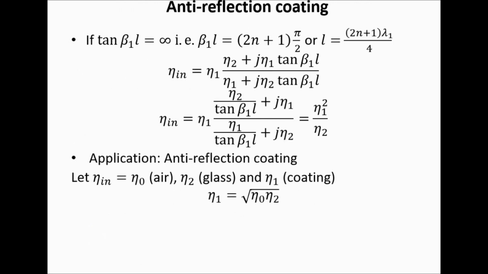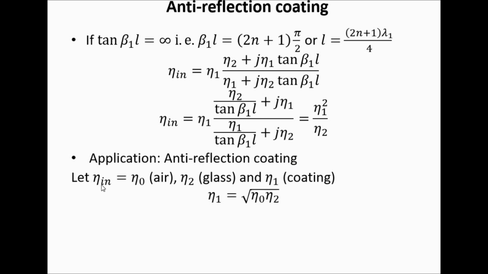Then another thing is anti-reflection coating. If tan beta 1 L equals infinity, so beta 1 L equals (2n plus 1) pi over 2, the input impedance is eta 1 squared over eta 2. We can use this concept to make the system reflection free, or anti-reflection coating.